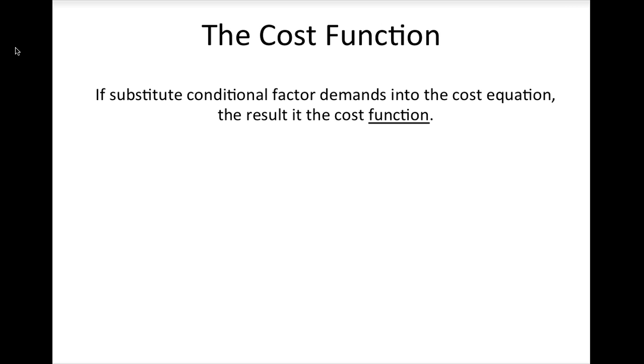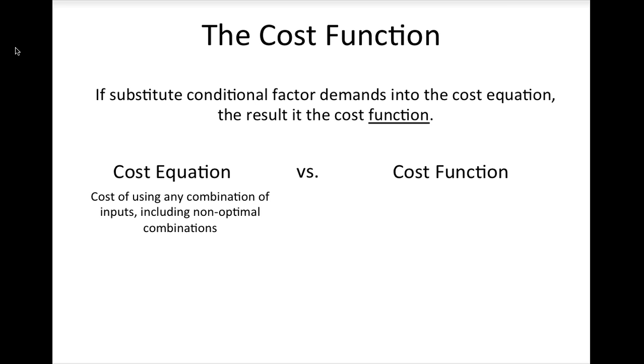If we substitute the conditional factor demand functions for inputs 1 and 2 back into the cost equation, we get what is called the cost function. The difference between the cost equation and the cost function is that the cost equation tells you the cost of using any input combination, including all those combinations that do not minimize costs.